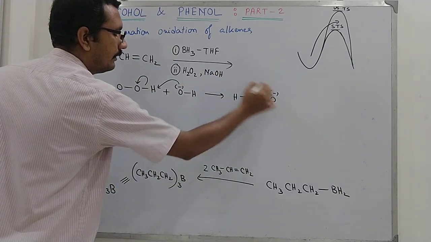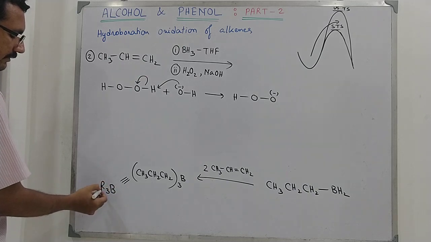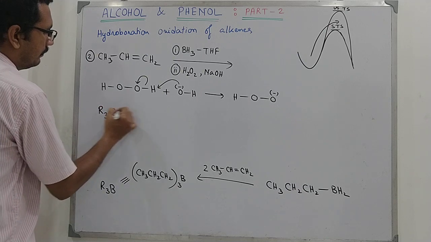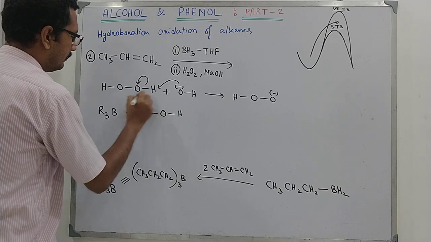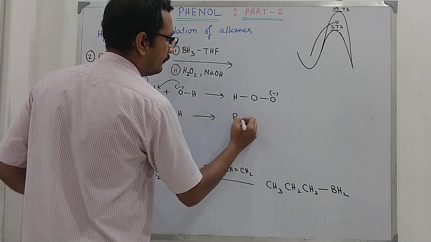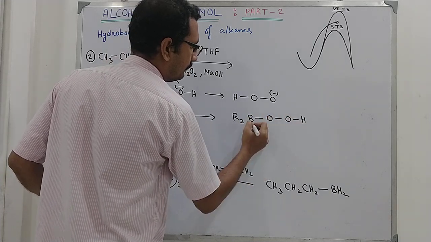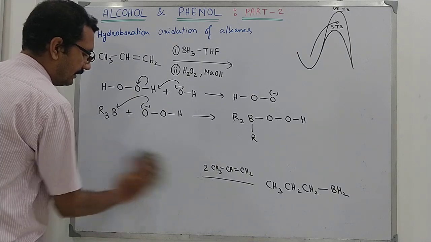Now this hydroperoxide ion will react with this trialkyl boron, since this is electron deficient. So we will have this intermediate.